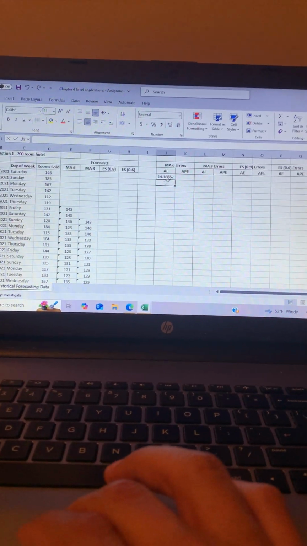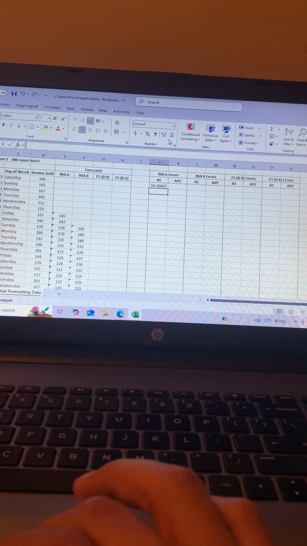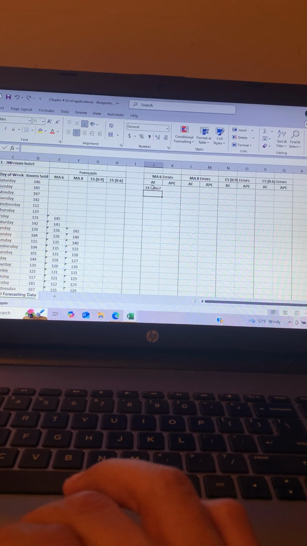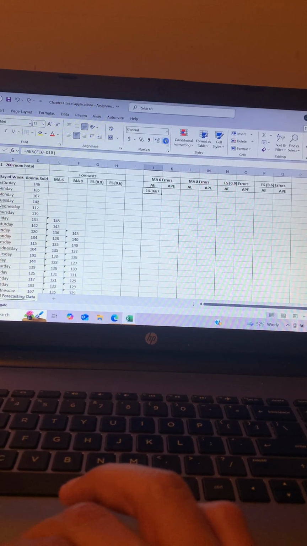It gives me a decimal, which is fine if you want to shorten it. Let's see if that's still the right math. Yeah, 14.